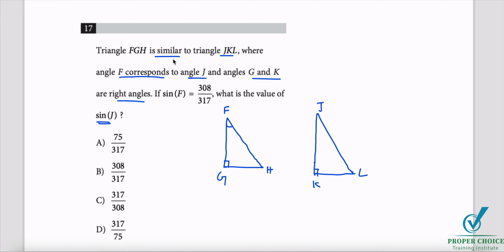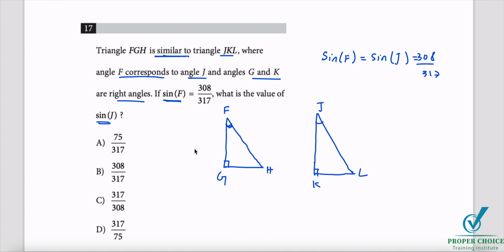As they clearly told us, the triangles are similar, which means their corresponding angles should be equal. So sine of angle F must be the same as sine of angle J, because they are similar triangles. Sine of angle F is equal to sine of angle J, that is 308 by 317.